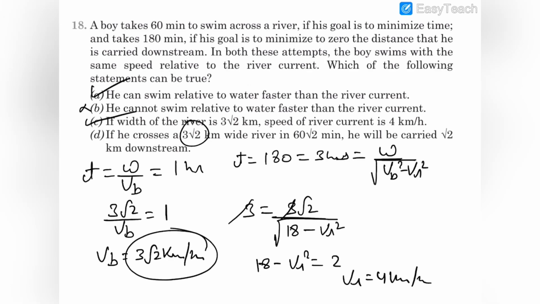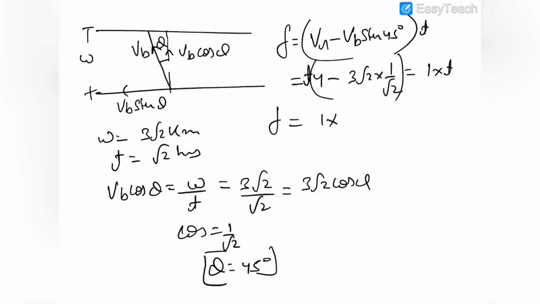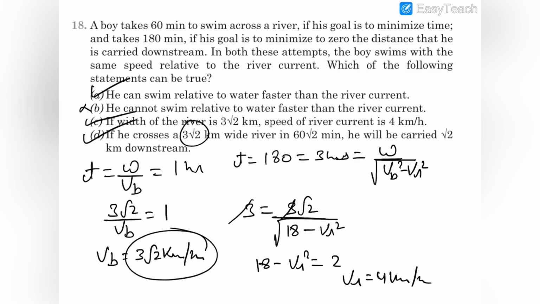Now the time in which he would cross the river is given as root 2. So the drift will be root 2. So the correct answer is also D. So the correct answers are A, C and D. Now we move on to the next question.